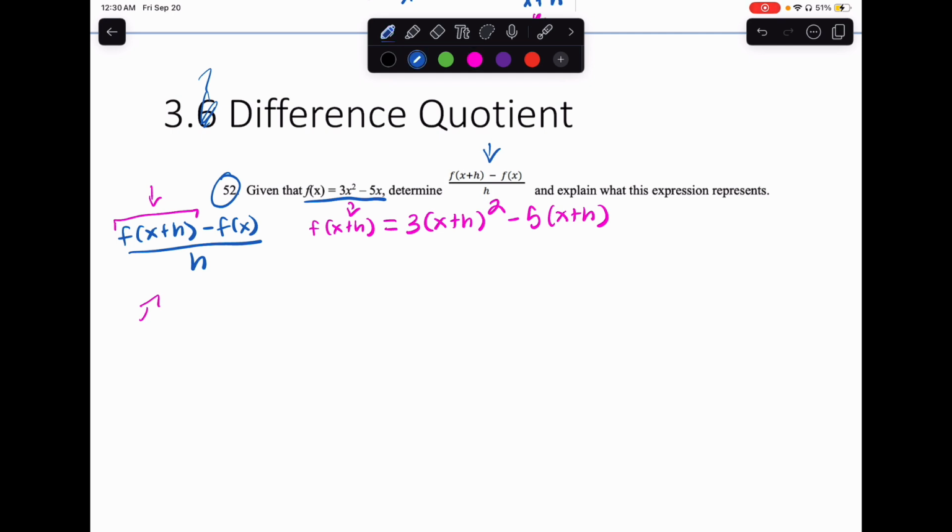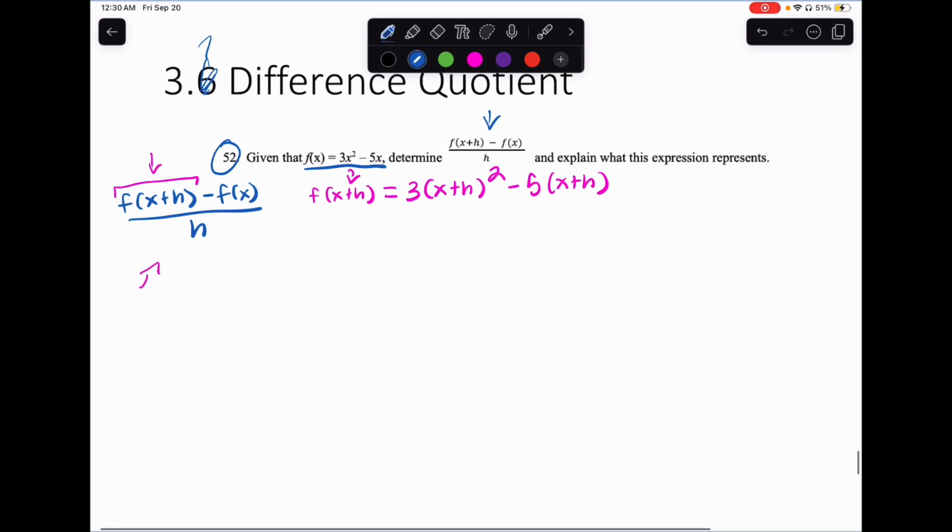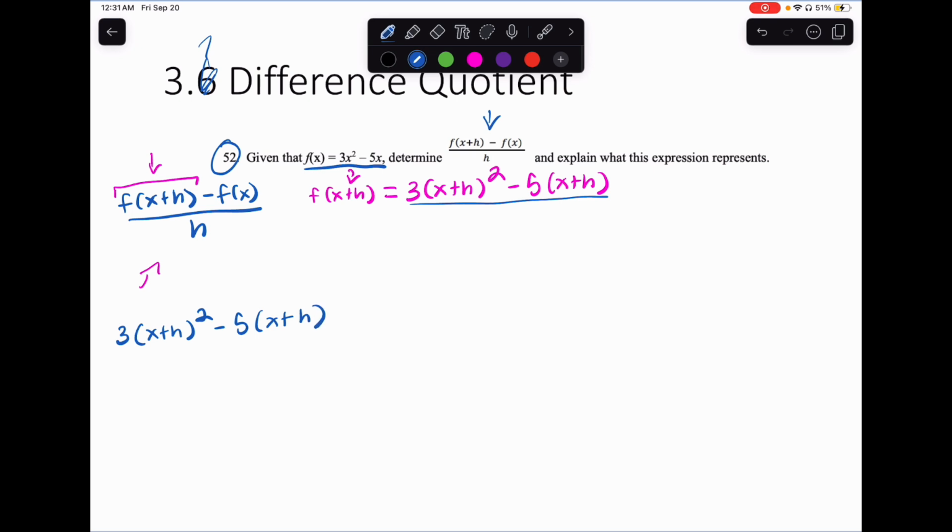So now I'm going to go back to this guy, because that was just this portion of it. And we're going to keep rewriting it. So f of x plus h we know is equal to this. I'm going to write that out. So 3 times (x plus h) squared minus 5 times (x plus h). And that's this in pink over here. Now we still have minus f of x. Minus, we already know f of x is equal to this guy over here.